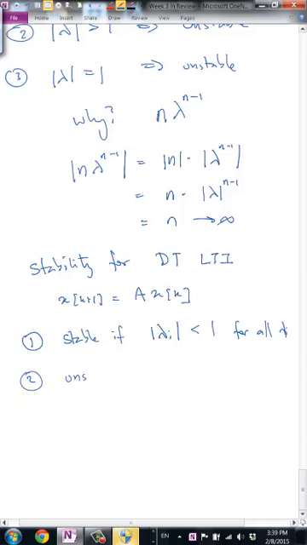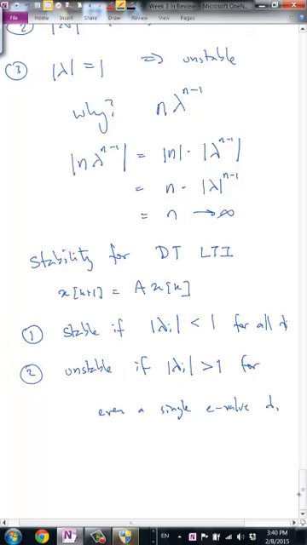It is unstable if the magnitude of lambda i is greater than 1 for even a single eigenvalue, lambda i.